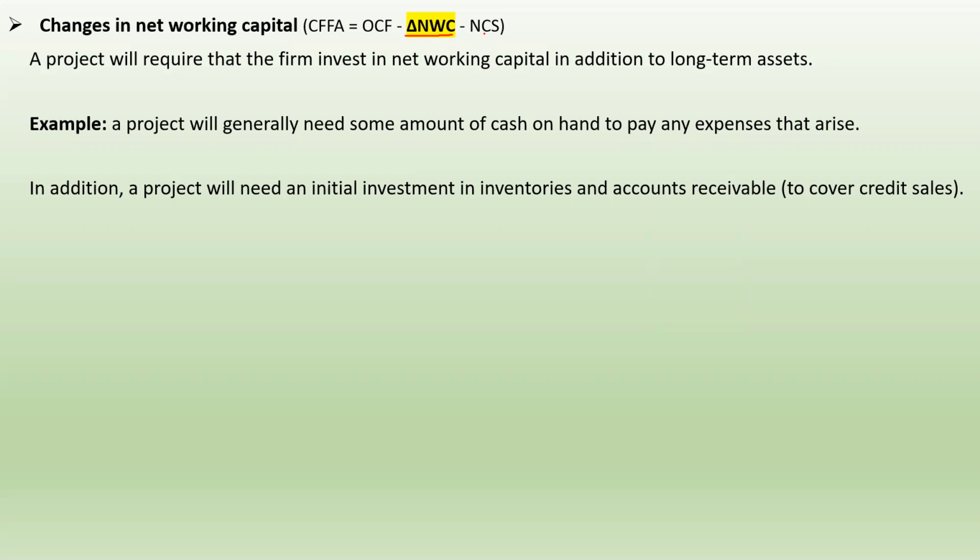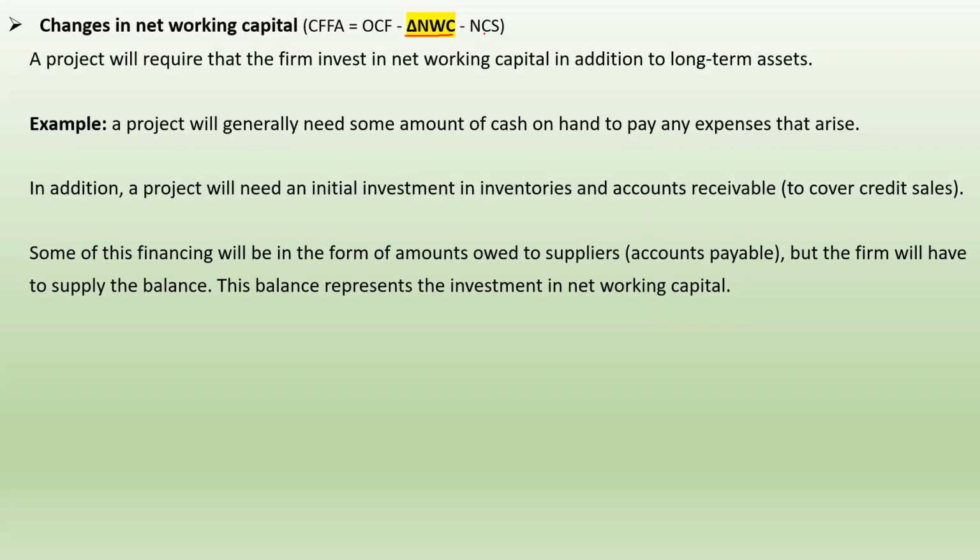If you sell your products to your customers, sometimes customers cannot pay you immediately. They may ask for credit and pay you within 30, 60, or 90 days. This part is in accounts receivable. So in this case, you actually have the revenue, but you do not have cash inflows because you haven't received the cash.